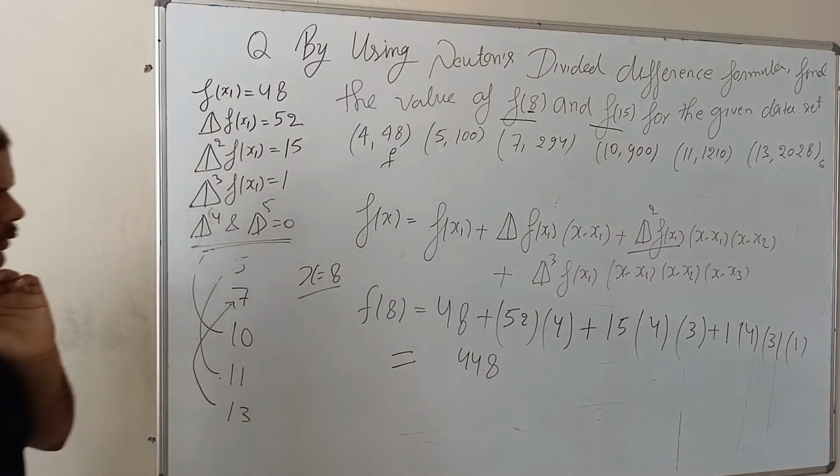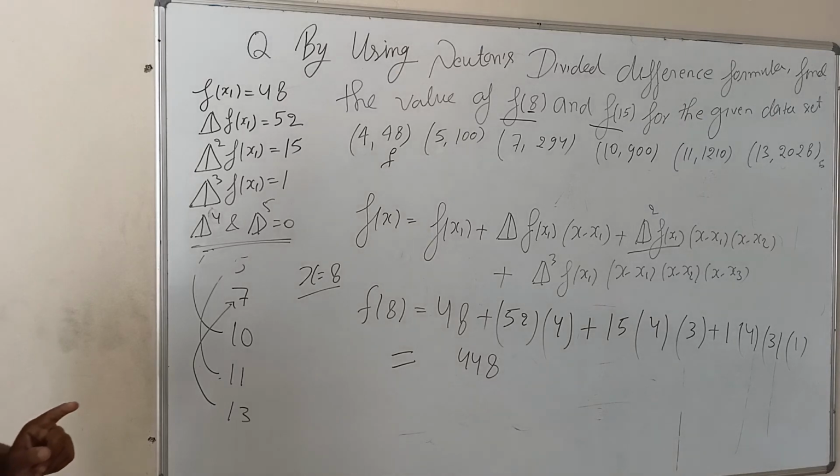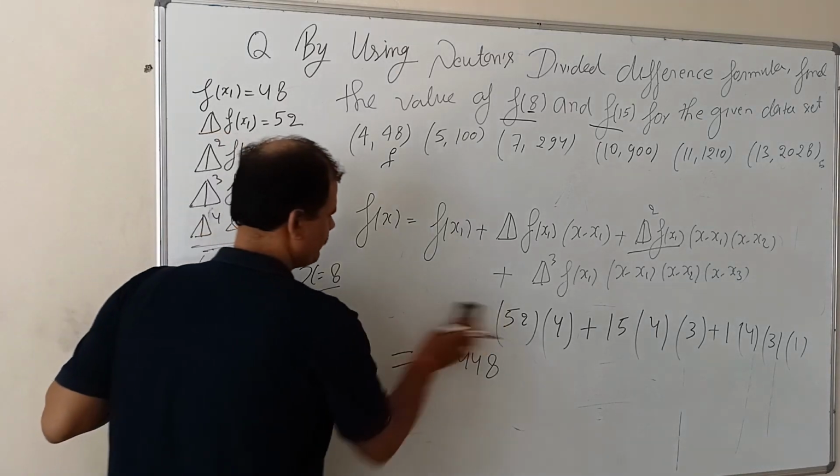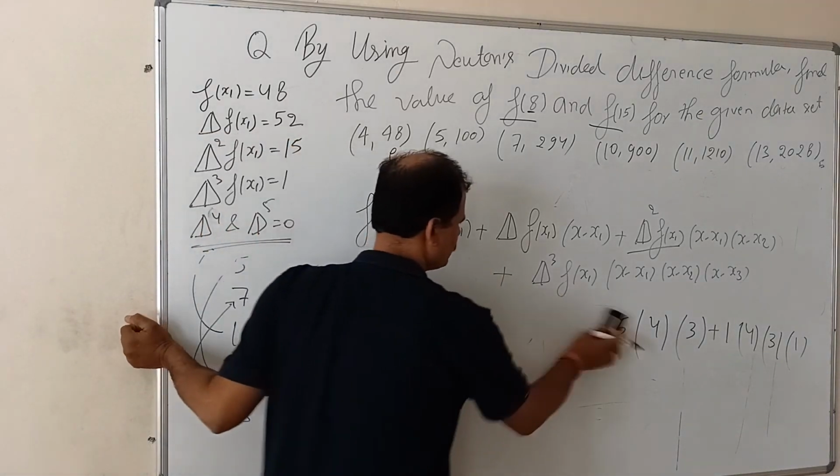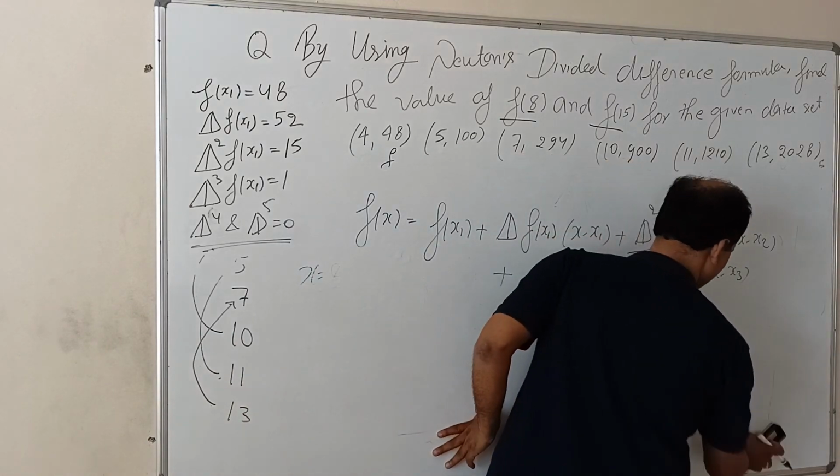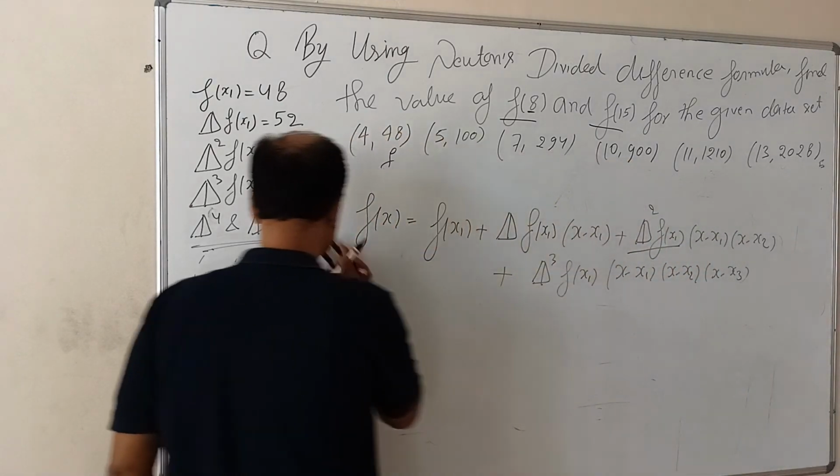We get 448. What about f of 15? Let me find out. In the same formula, x equal to 15 will come. Same thing.